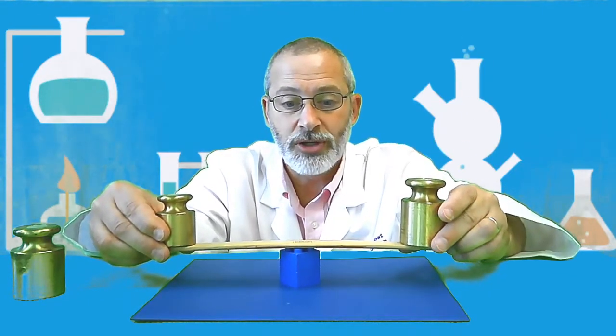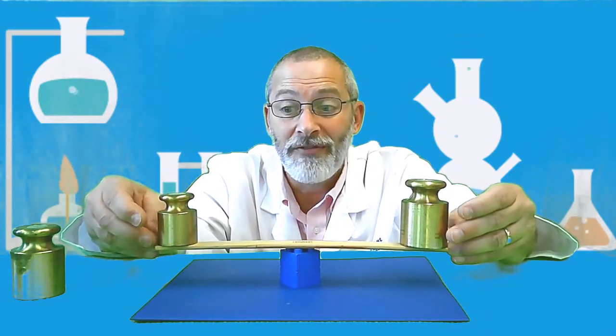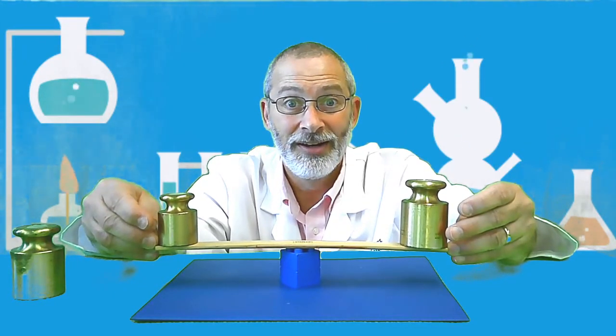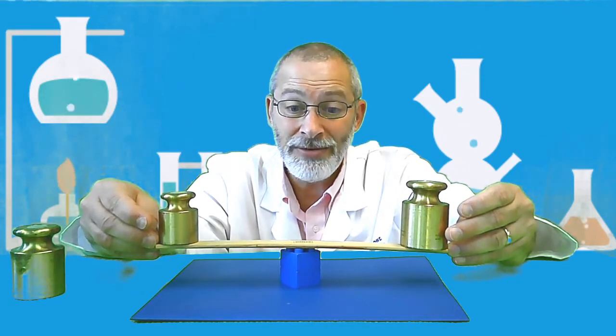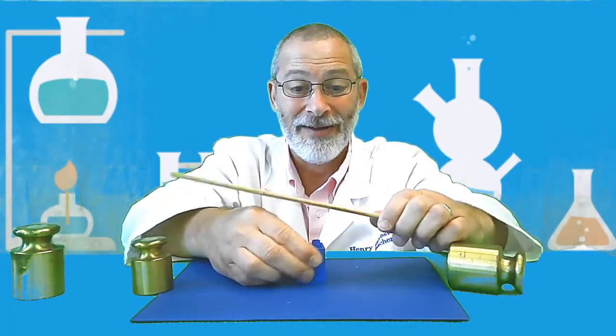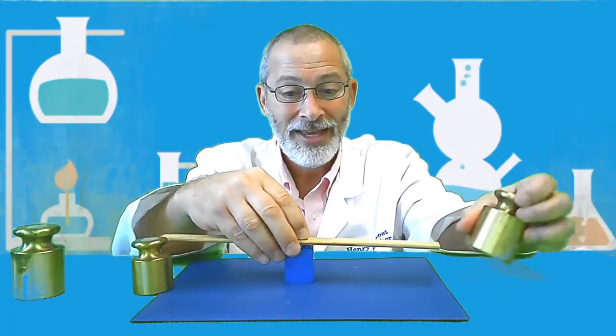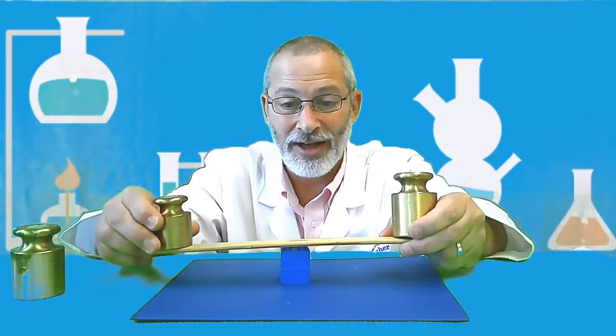In other words, I'm going to ask you a question. What do you think is going to happen when I let go of this lever? If you answered that the kilogram is going to go down, you're absolutely right. Absolutely, yeah. That 1 kilogram certainly has a bigger mass than the half a kilogram.